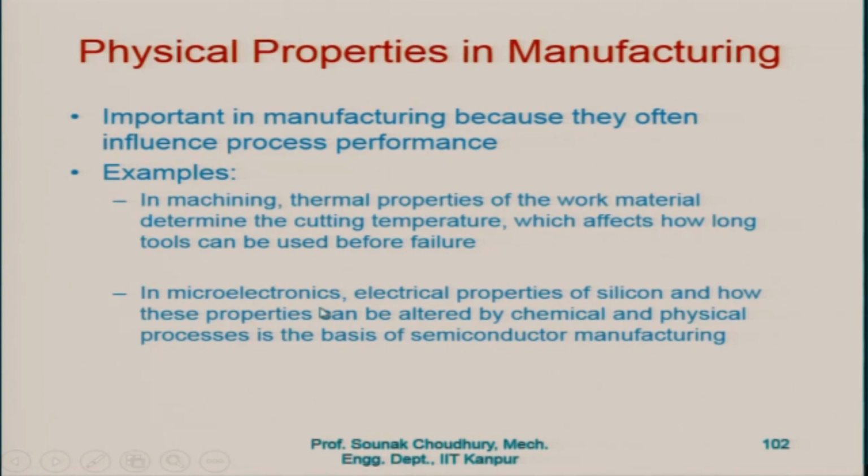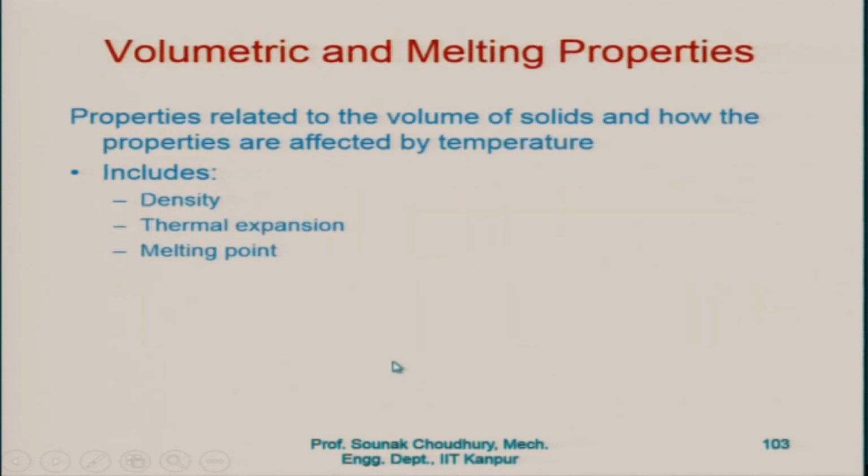In microelectronics, the electrical properties of silicon and how these properties can be altered by chemical and physical processes are the basis of semiconductor manufacturing. So, whether it is semiconductor manufacturing or a cutting process like machining, all these physical properties are important.